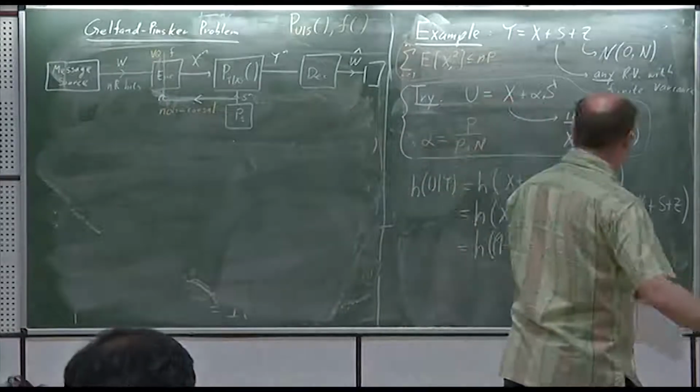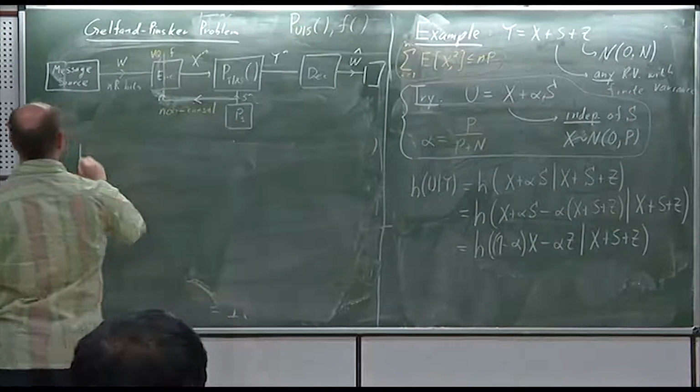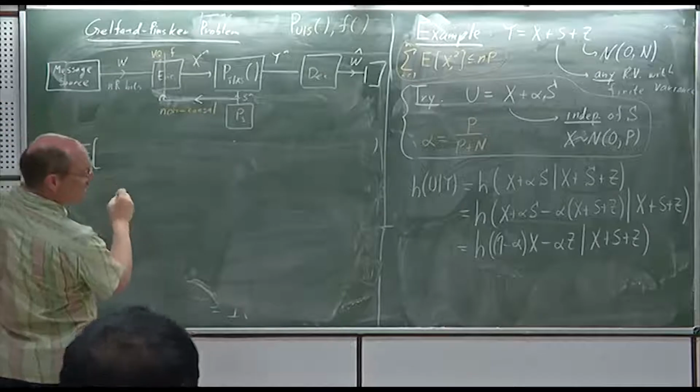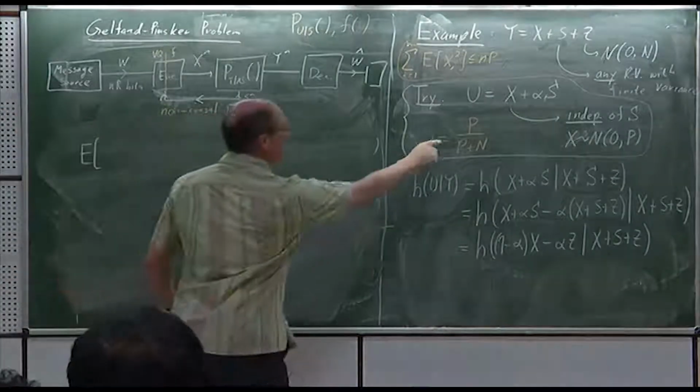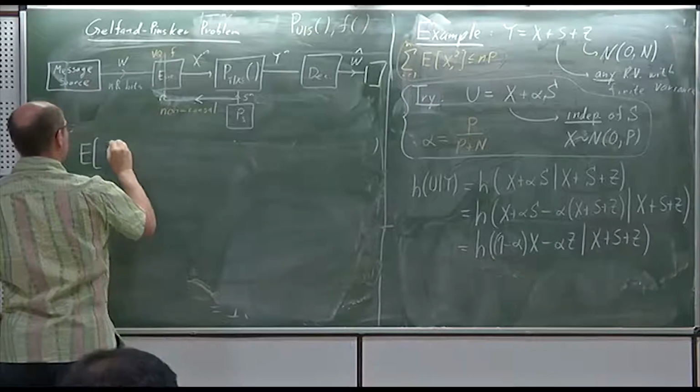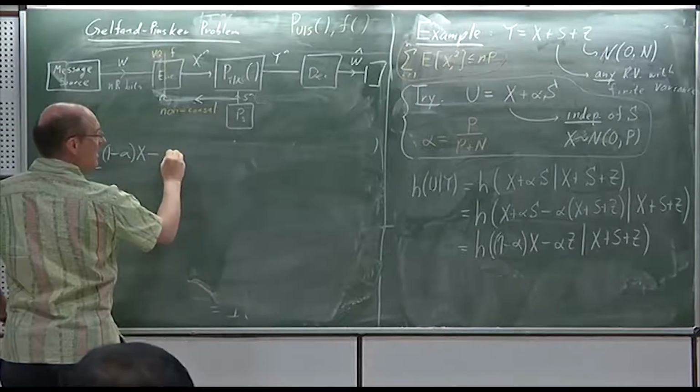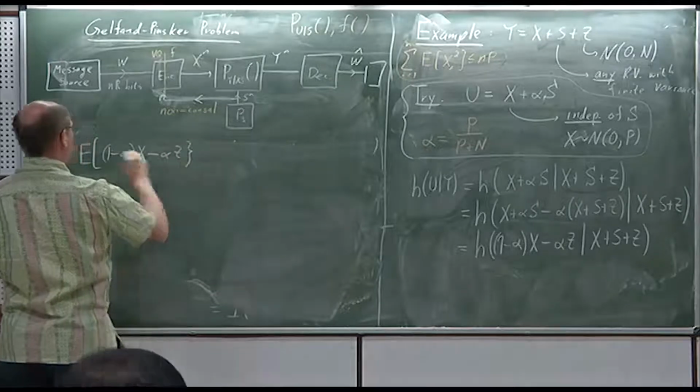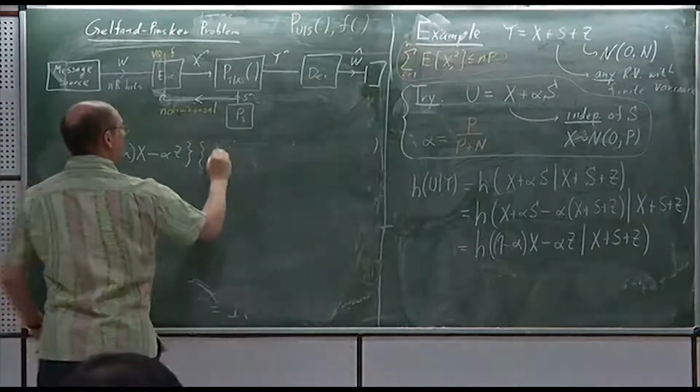I can quickly check that. The expected value of 1 minus alpha x minus alpha z times x plus z, what is that?